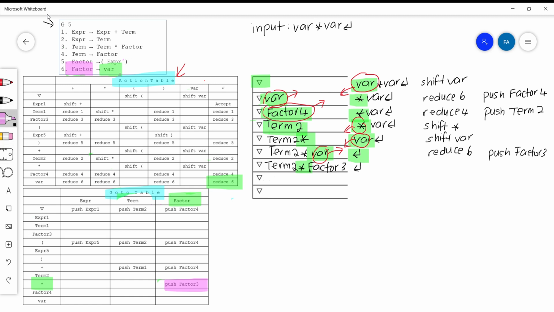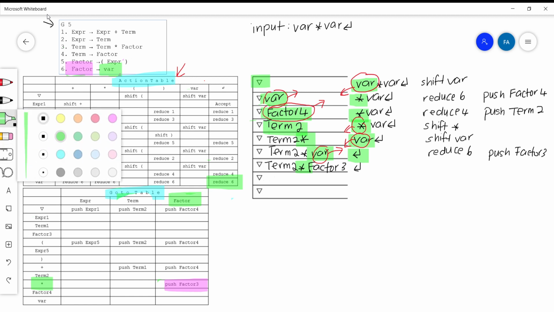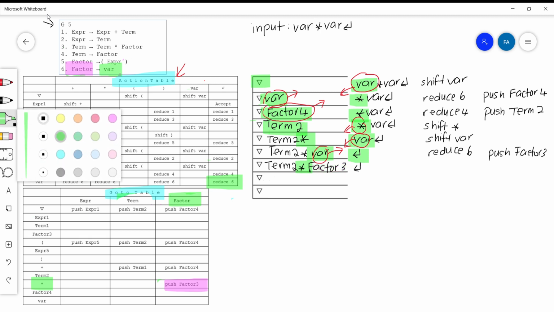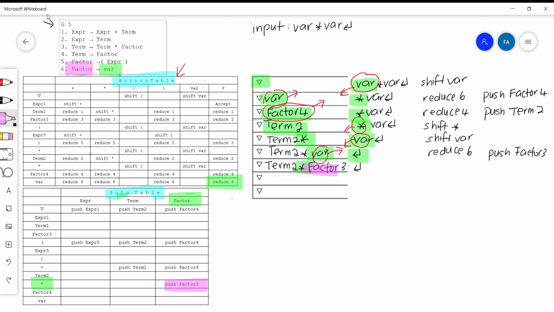Okay, next. Next, we will read the symbol on top of our stack, factor 3. Okay, let me use a different color. Okay, factor 3, and the current input symbol, which is end marker. So when we look at our action table, factor 3 that meets end marker, it says reduce 3.